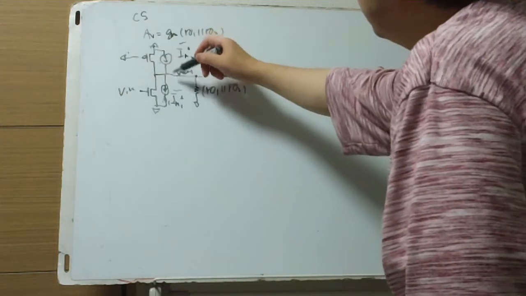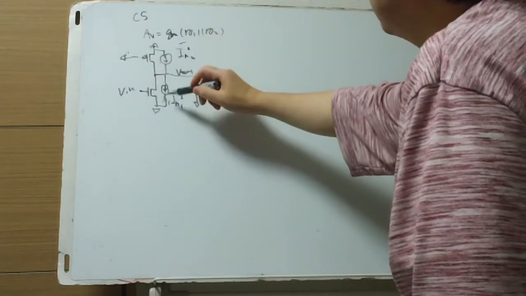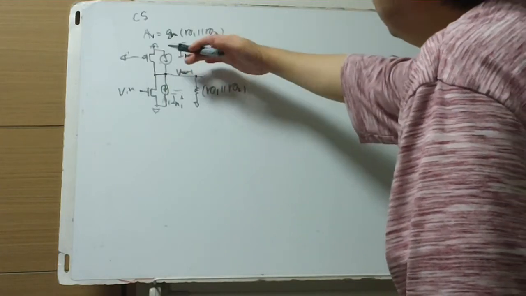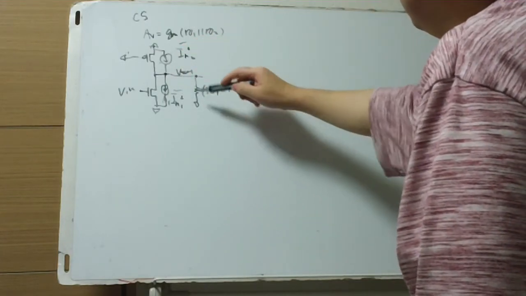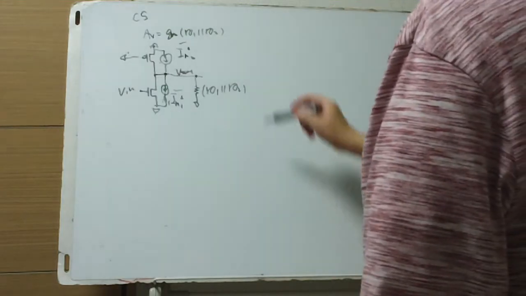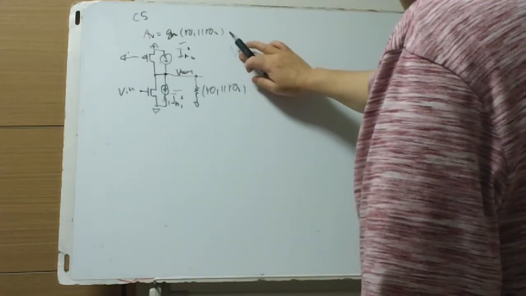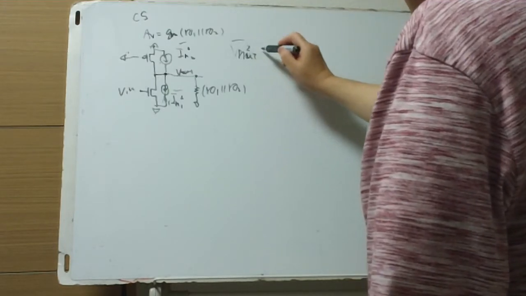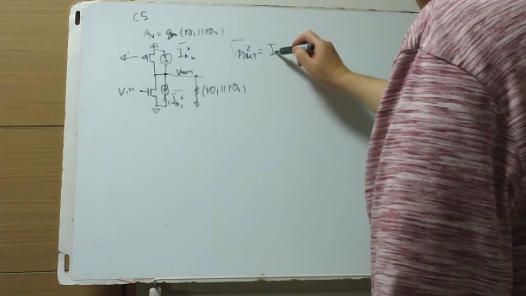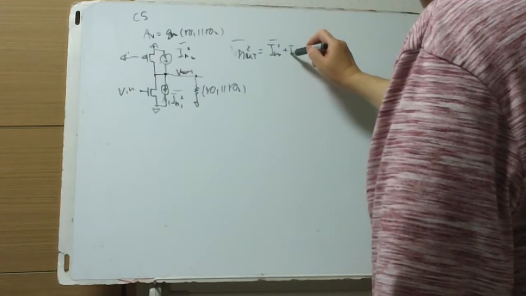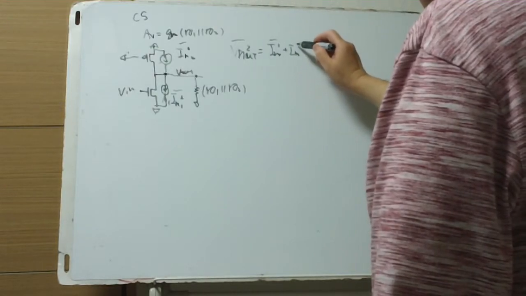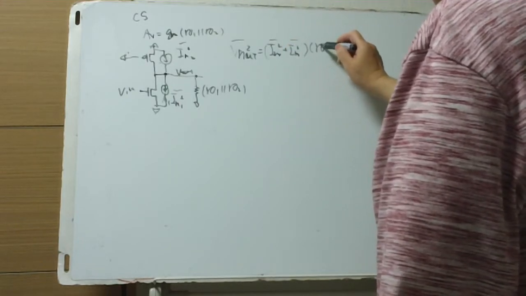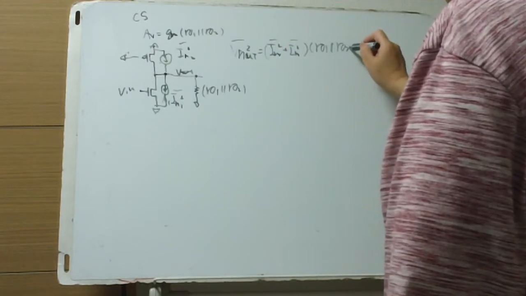These current noise powers sum up at Vout, generating the voltage noise Vn out squared bar, which equals In2 squared bar plus In1 squared bar, times R01 in parallel R02, squared.